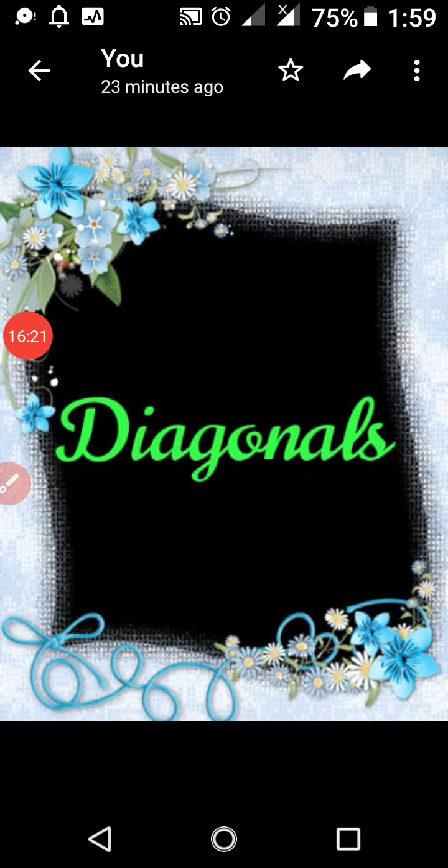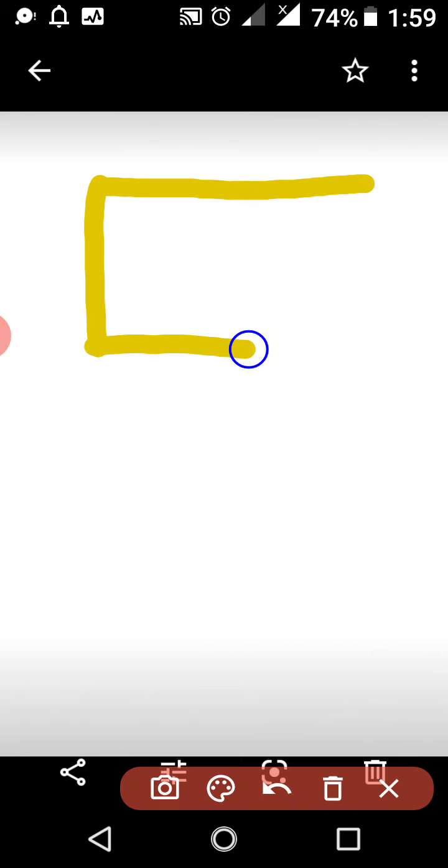Now we will see what diagonals are and how to identify the diagonals for the given polygons. I am taking a polygon here. This is a rectangle which has 4 endpoints, meaning 4 vertices and 4 sides.